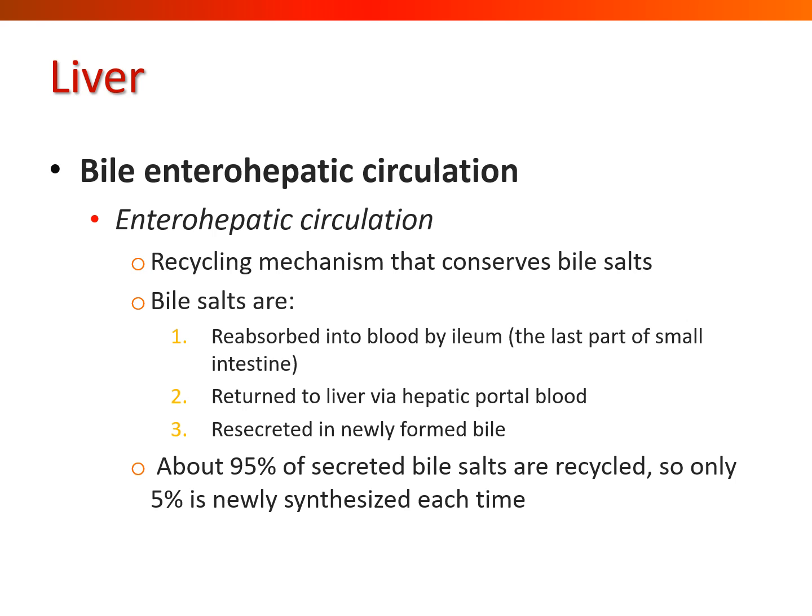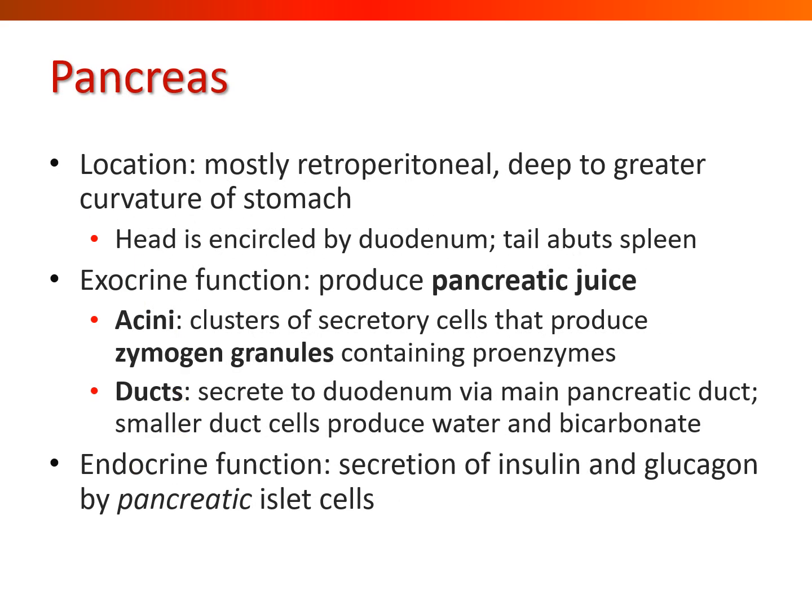So at any given time, we only need to create about 5% to replace what gets lost in the intestinal tract. So it's kind of an interesting system. But yeah, recycling.